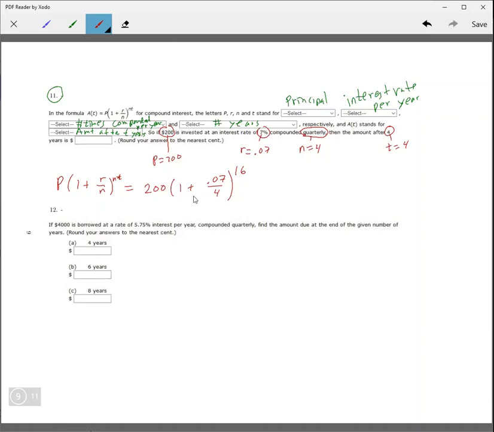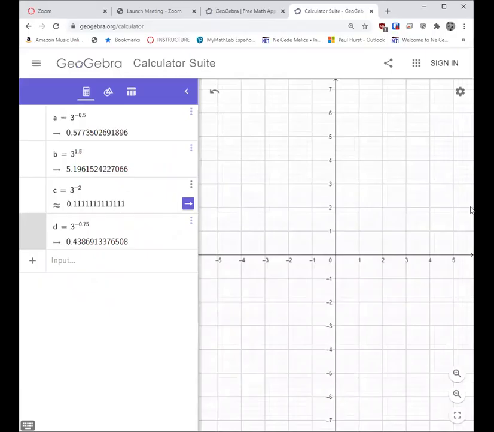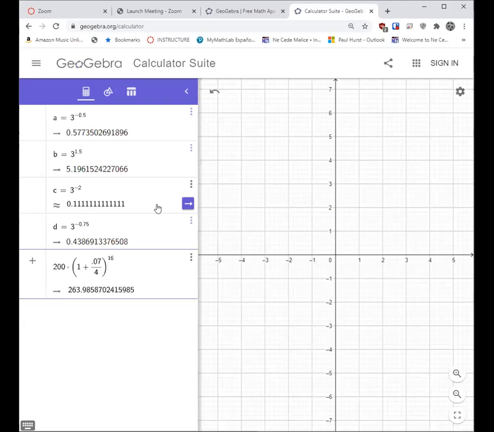Okay, now let me show you how you can calculate this. We can use Geogebra for this part. I'm just going to put in what we had there, which was 200 times 1 plus 0.07 over 4, and I use the arrow, and I raise it to the 16th power.